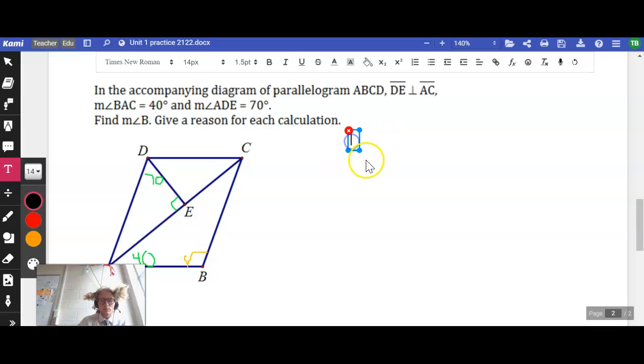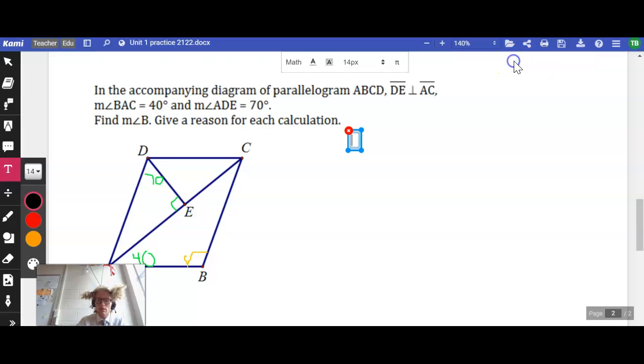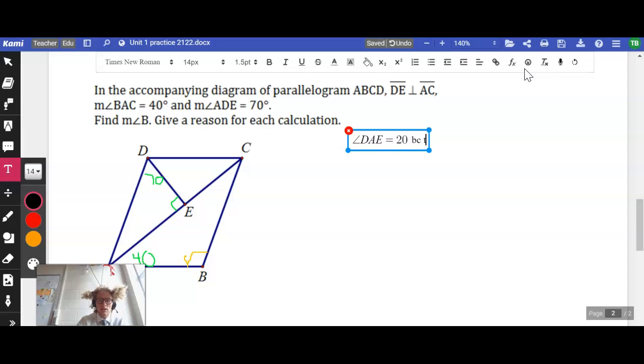So, let me put in an equation here. Angle DAE equals 180 minus 70 plus 90, which is 160, so DAE is 20 because of the triangle sum theorem.